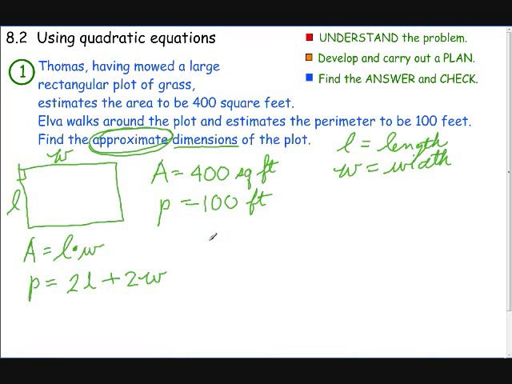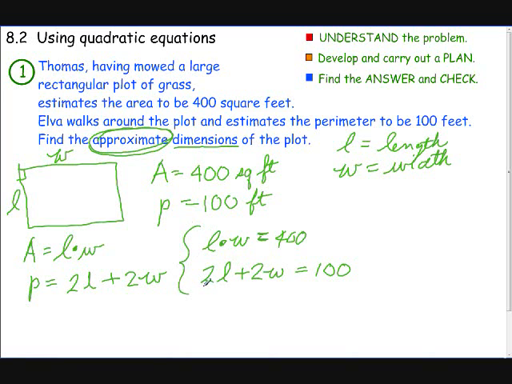So I can say that length times width is equal to 400. And 2L plus 2W is equal to 100.